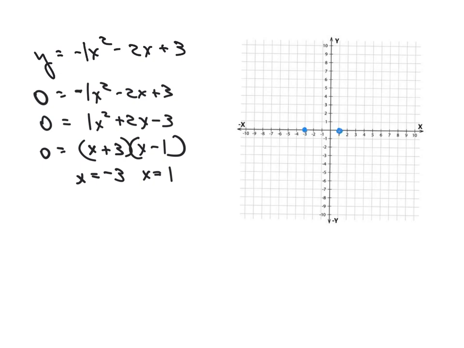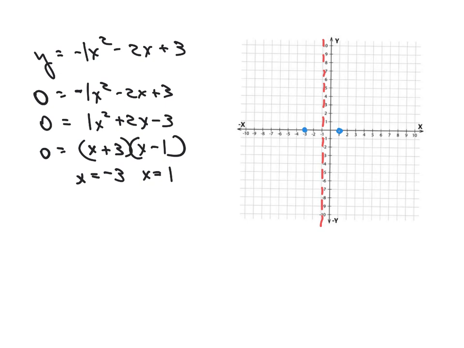So one of the things that you know based on that is that your asymptote is halfway between these two. So we're going to actually find the asymptote, but I know that it's going to be at negative 1 because it has to be halfway between these 2 points that we found here.